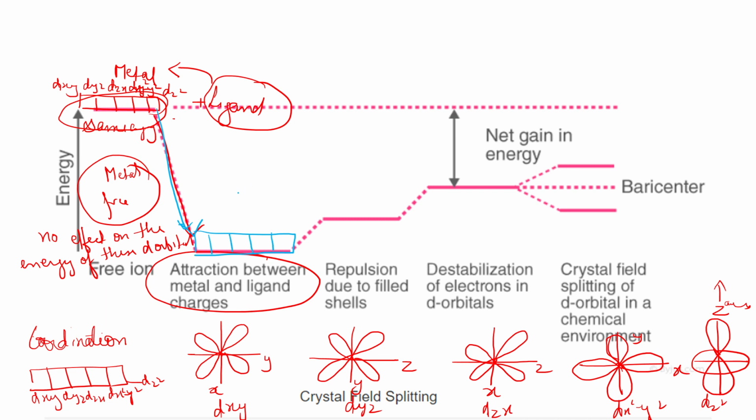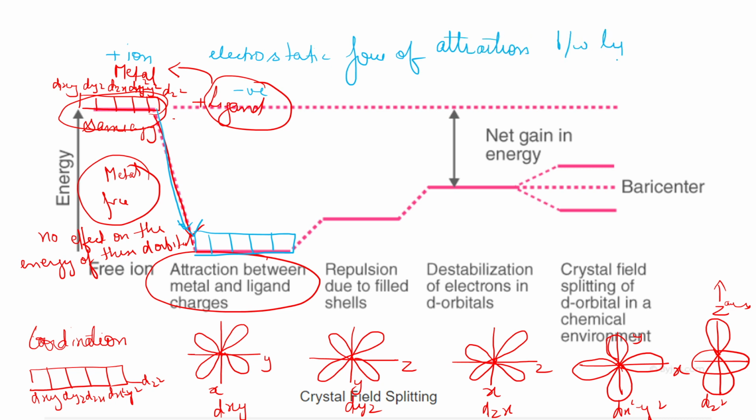Whenever there is an attraction, the energy decays, the energy goes negative. This was the initial energy, and when the ligand comes, the ligand has a negative charge and the metal ion has a positive charge, so there are electrostatic forces of attraction between them. In crystal field theory, it is postulated that there is an electrostatic force of attraction between the ligand and the metal.